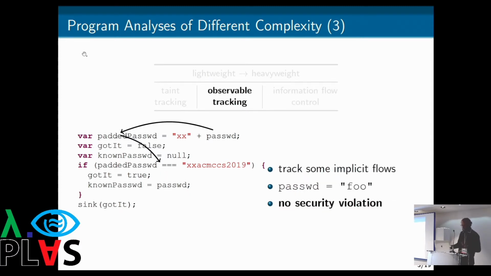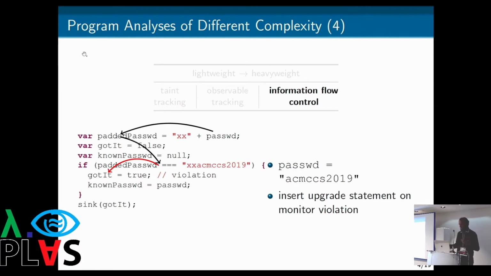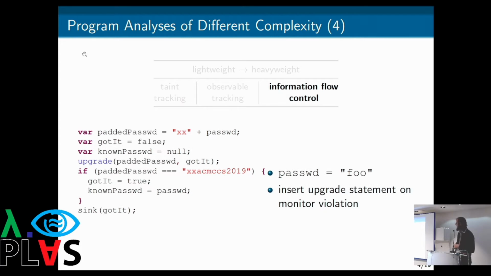The more advanced technique that would solve this problem basically would use a security monitor. There are different techniques, but basically once it finds that you are trying to assign something inside a secret context, inside the if statement, the monitor raises a violation and stops the execution. A way to prevent this from happening again is to include something called an upgrade statement, which basically makes this implicit flow explicit.